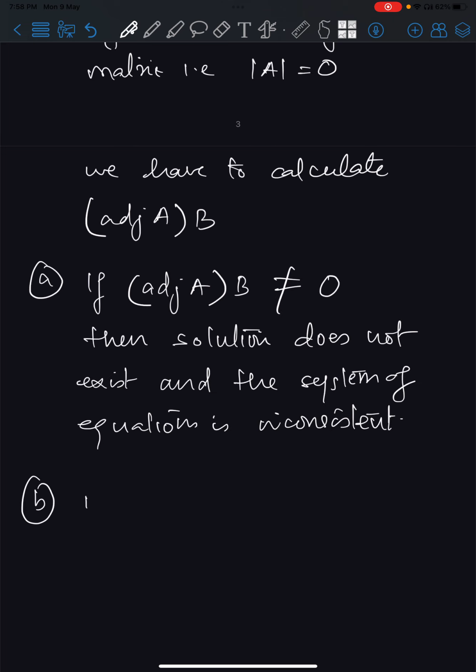So next option will be adjoint A into B is equal to 0.